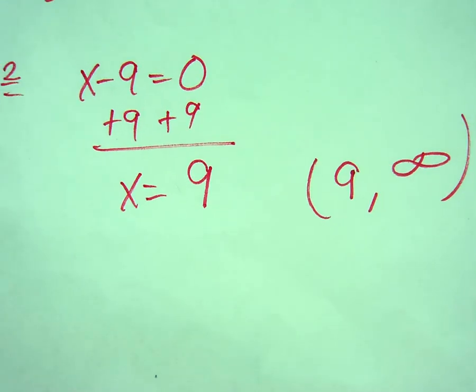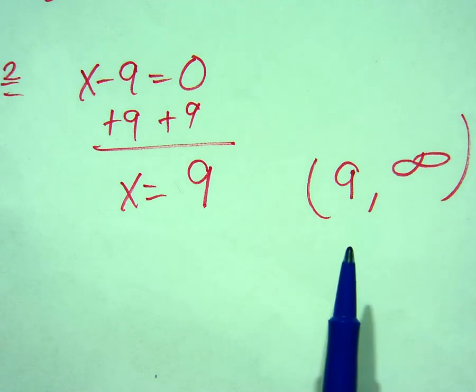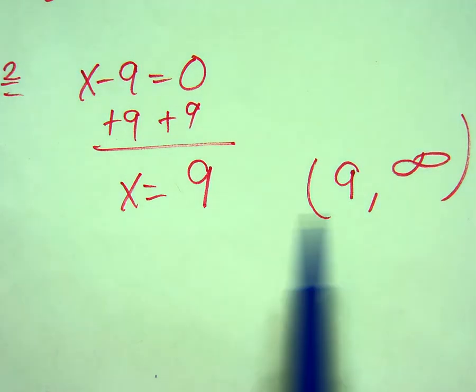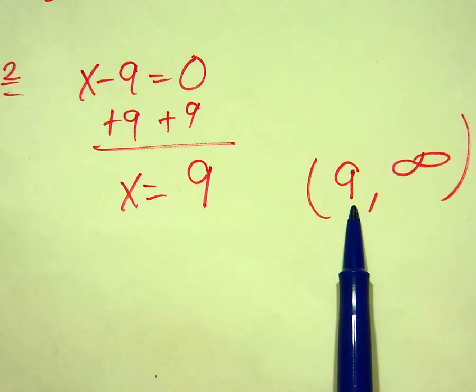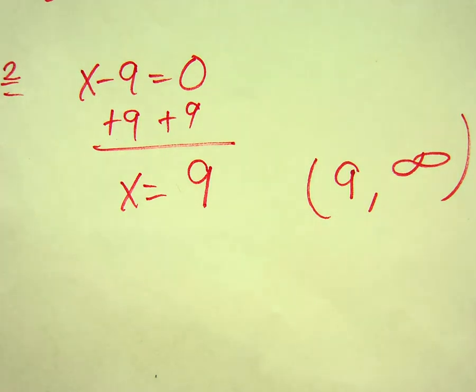You're going to solve for x. So if we're solving for x, we know that x will be 9. Because this is a logarithm, it will have some type of curvature, and it would not have a bracket because it would not include that particular number. Because of the curve, you know it's going to be positive because it's a positive 9. Hence, the notation would be 9 and then positive infinity.